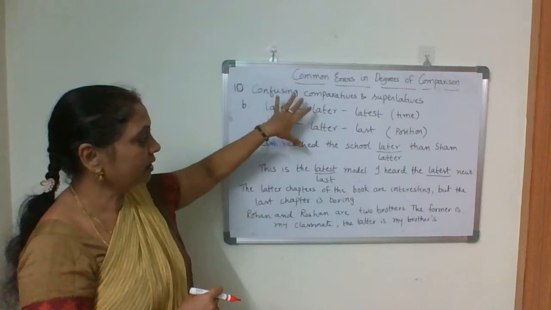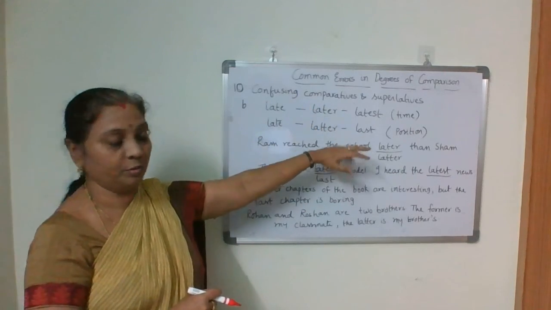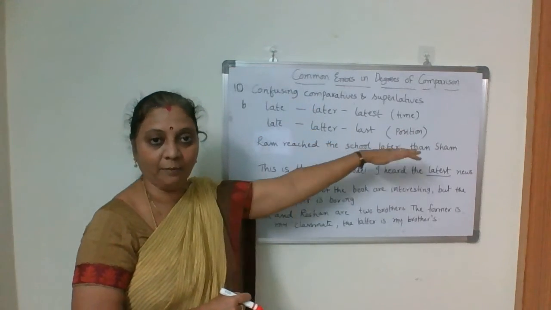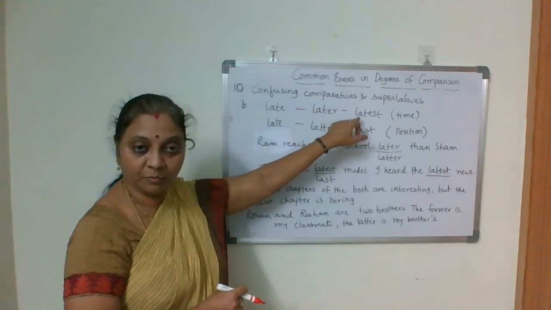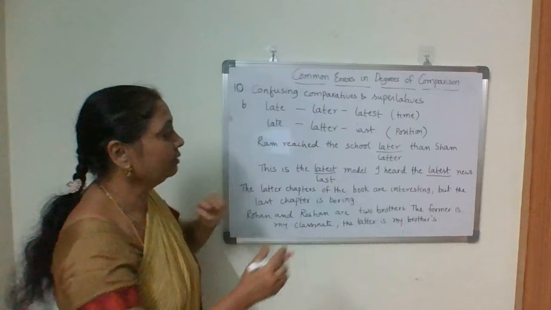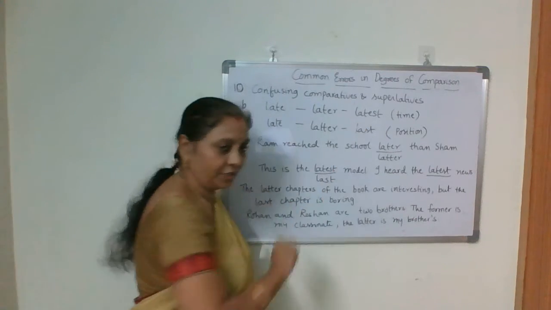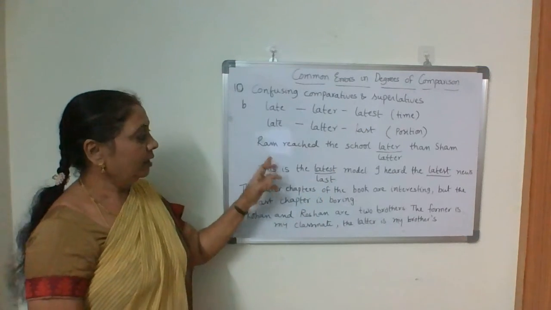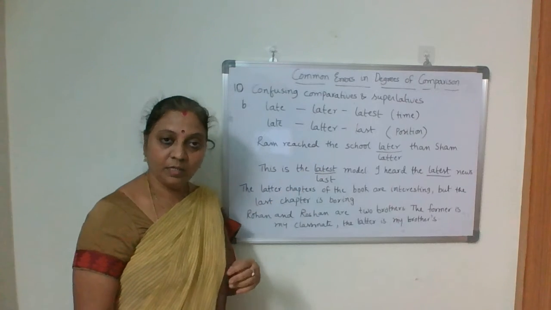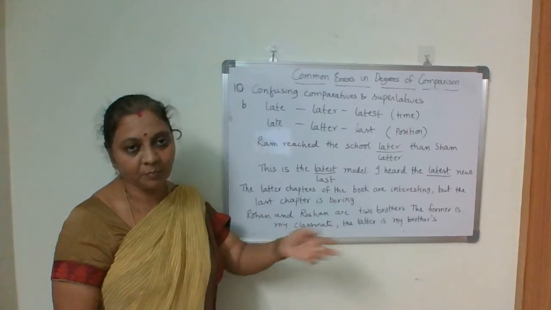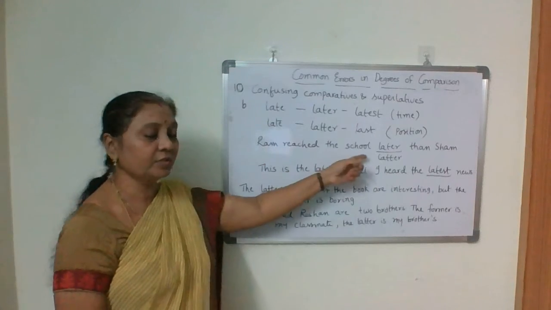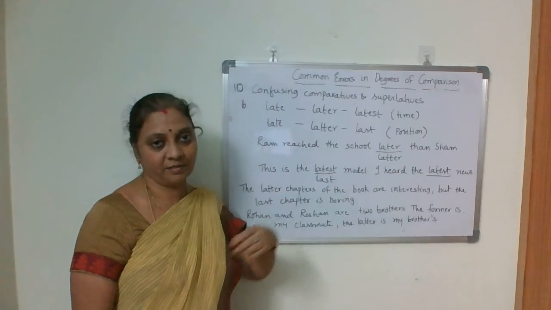Then now let us look at the examples. One talks about time, the delay, latecomers. The first one talks about that, and the second one talks about positions. Okay, Ram reached the school later than Sham. Ram went to school, Sham also went to school, but Ram reached the school later than Sham.